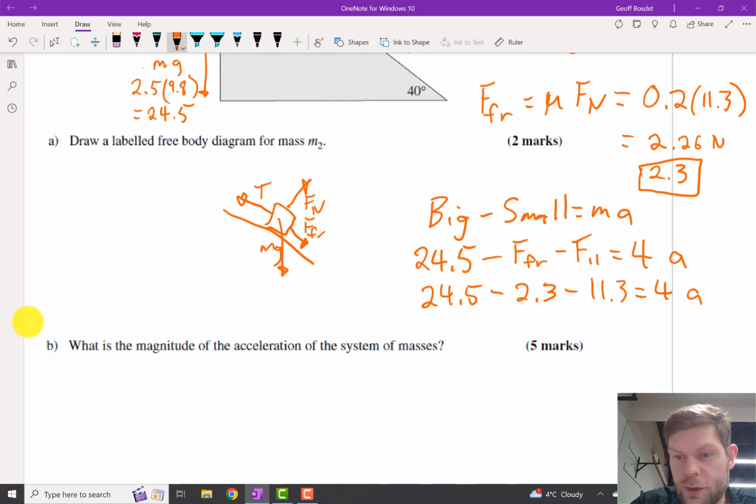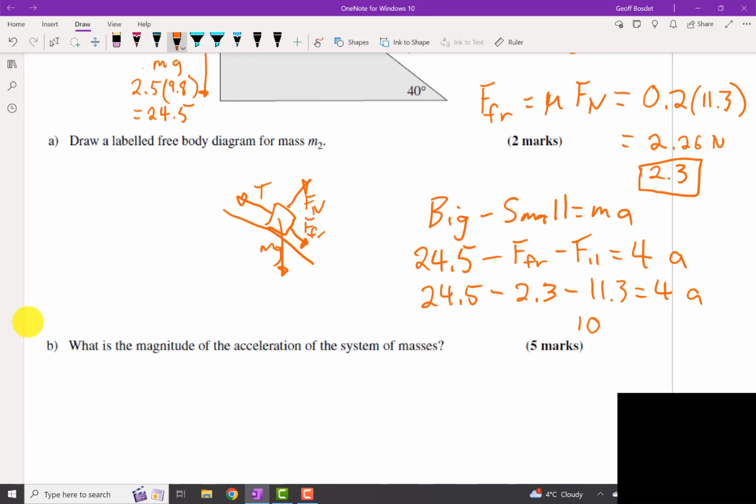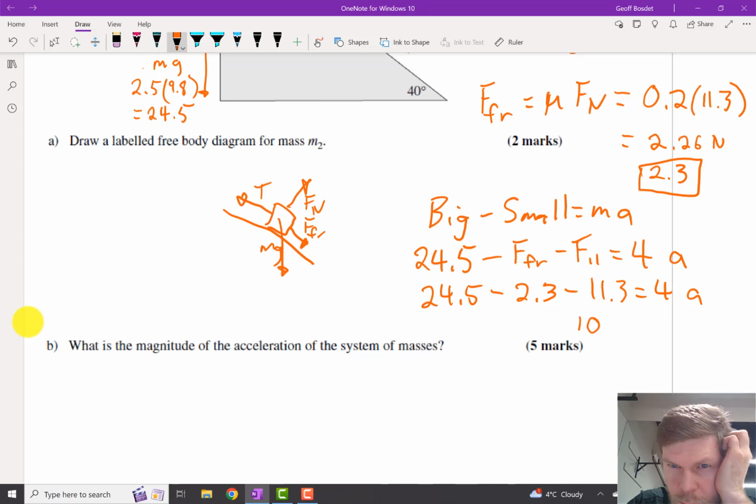11.3 plus 2.3 is 13.6. 24.5 minus 13.6 is, I believe, 10.9. Or no, 11.9. 10.9, 13.6. Sounds about right. 10.9 equals 4A.